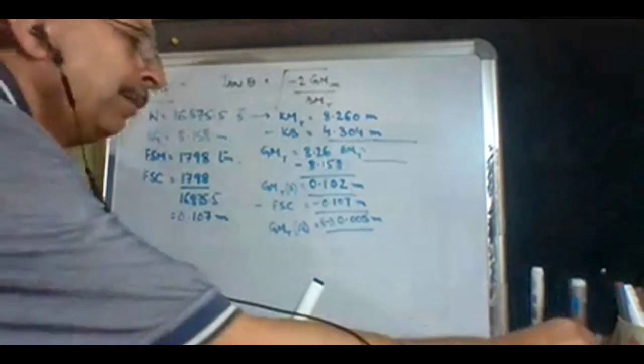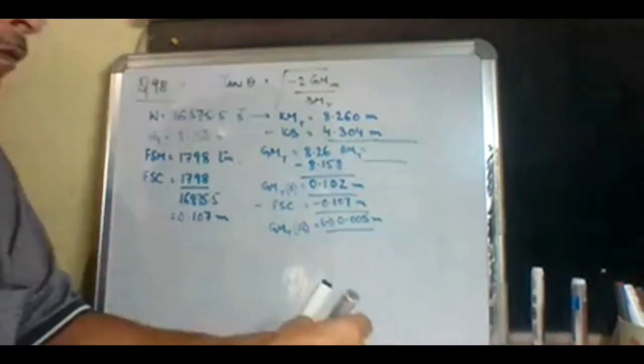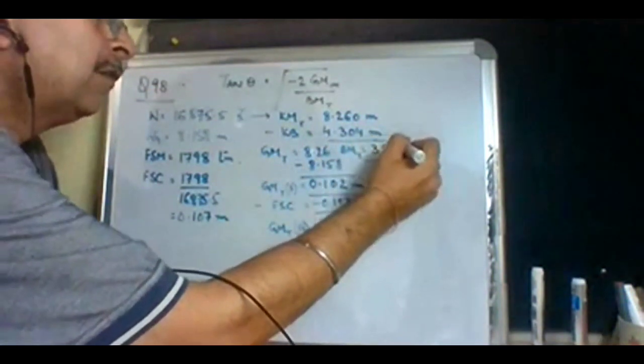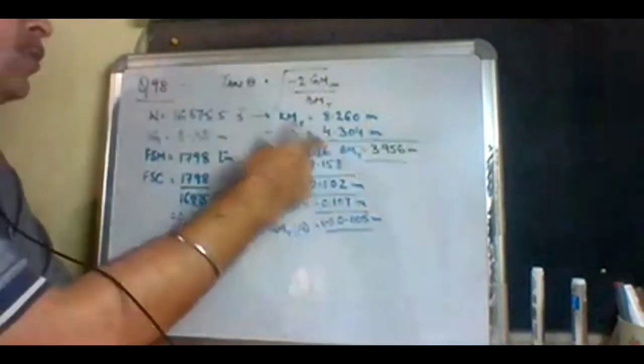How much is the BMT? 3.956. So I've got the values with me now.